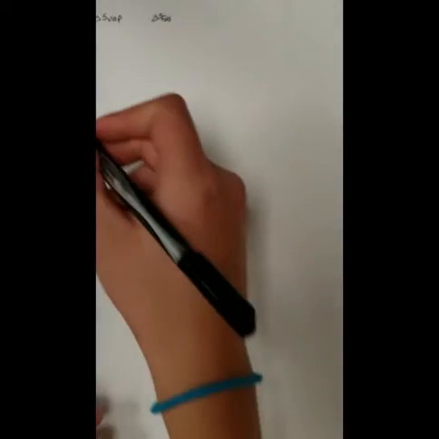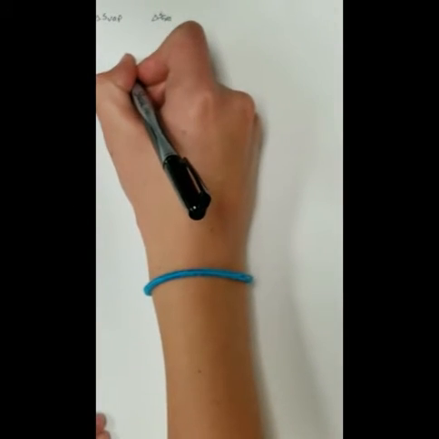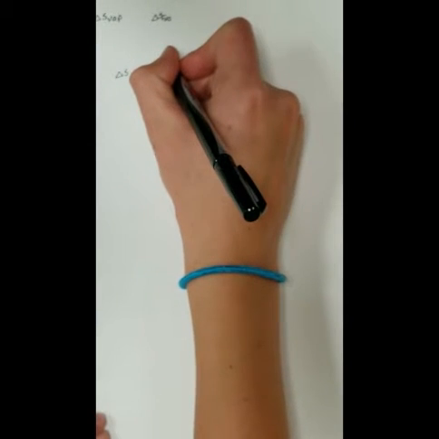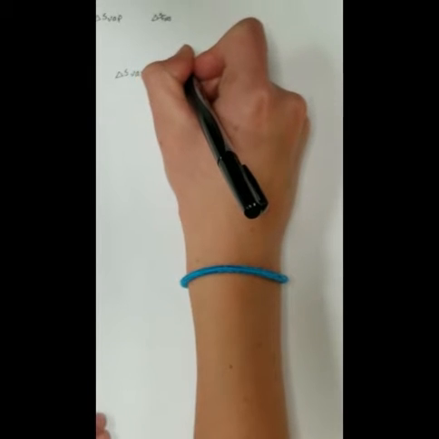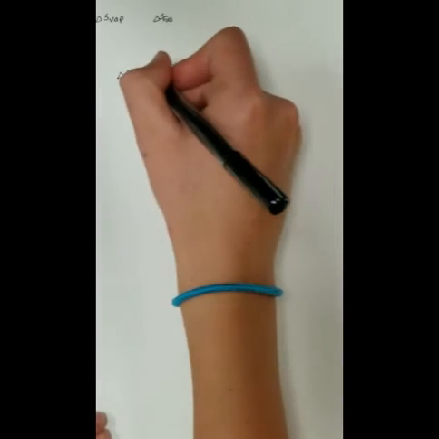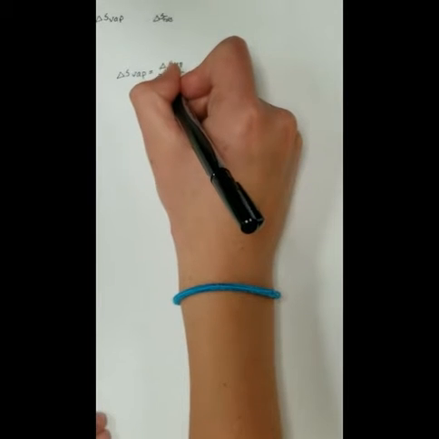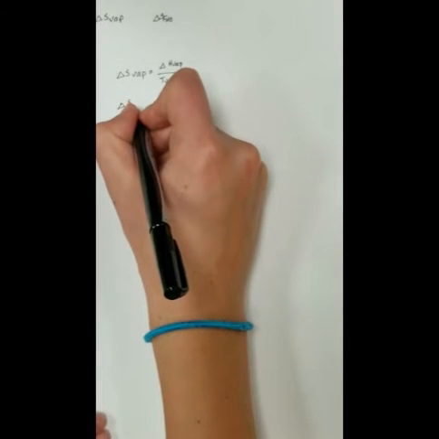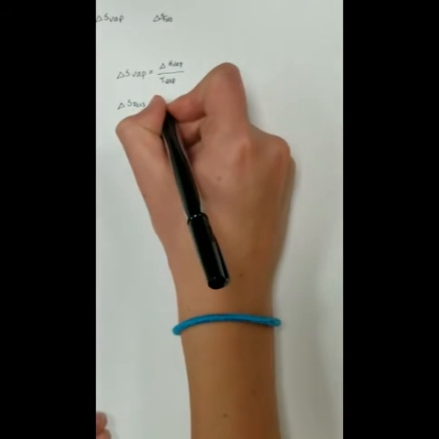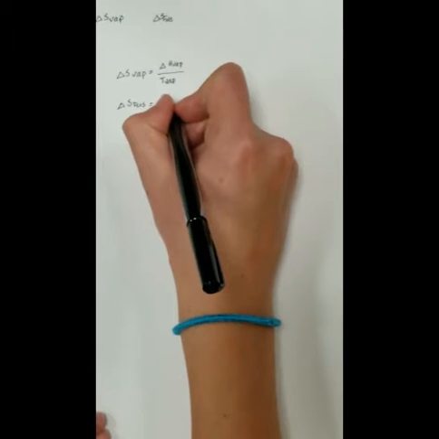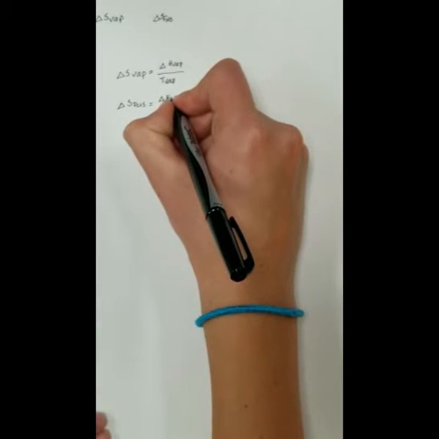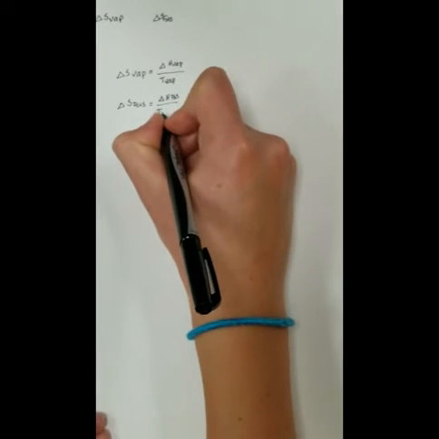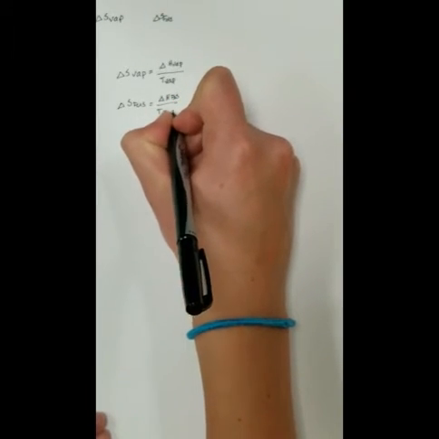These are denoted by delta S vap equals the enthalpy of vaporization of our substance over the temperature of vaporization. Similarly, delta S fusion equals the enthalpy of fusion over the temperature of fusion for that substance.